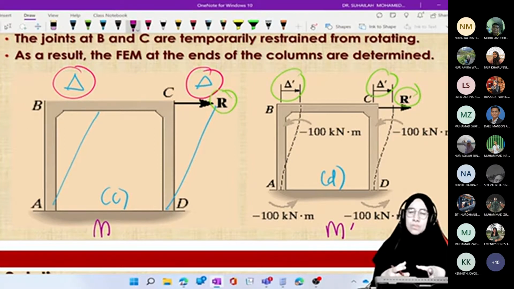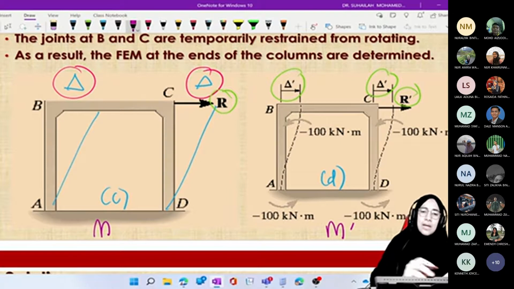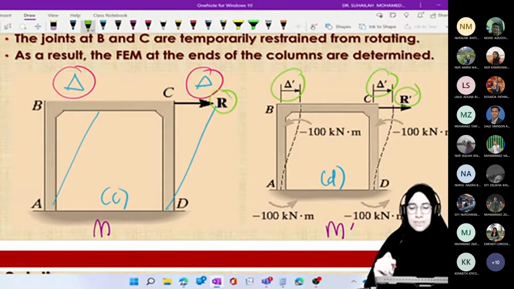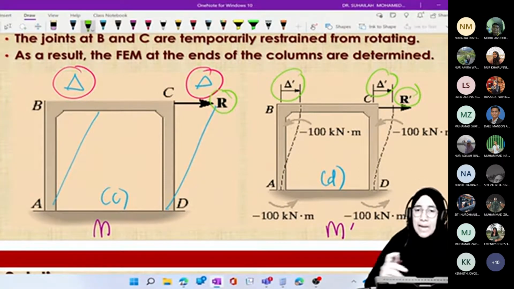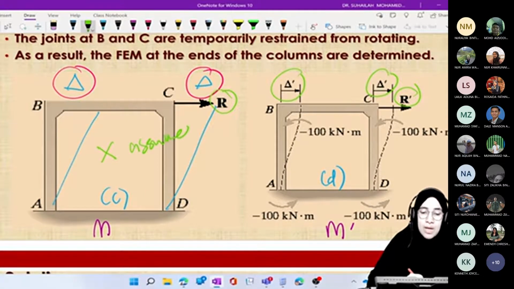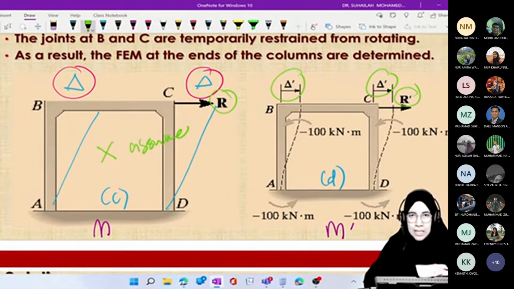Can we assume values in C? We cannot assume any value in C, because diagram C comes from the original diagram A, where we separated the FEM due to loading and due to delta.